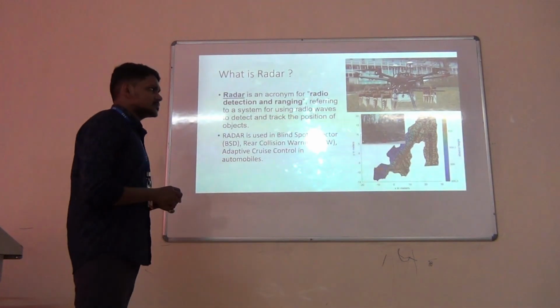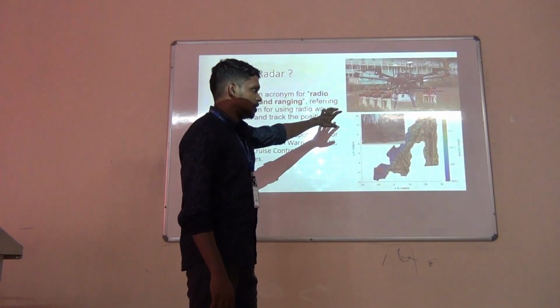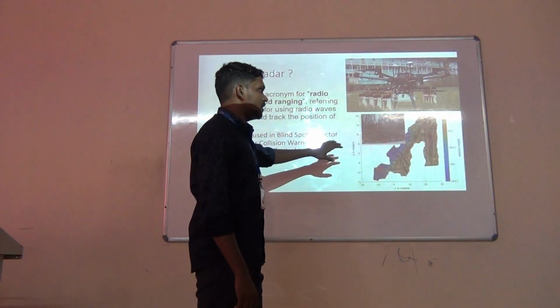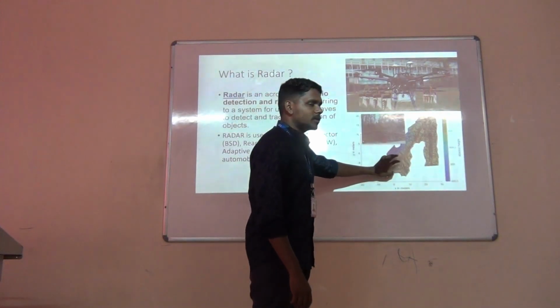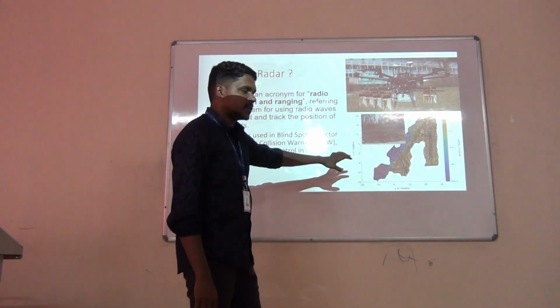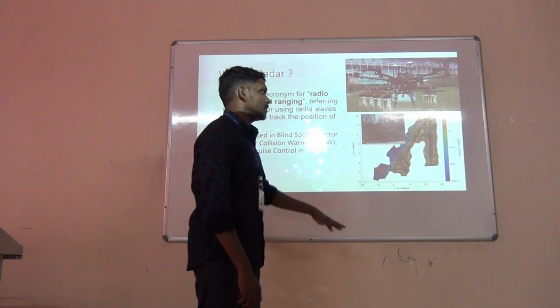Referring to this slide, we can see a drone. A drone uses radar technology to map its geo-positioning, what places it is free to move to, and at what height it is traveling. So every part can be detected using radar.